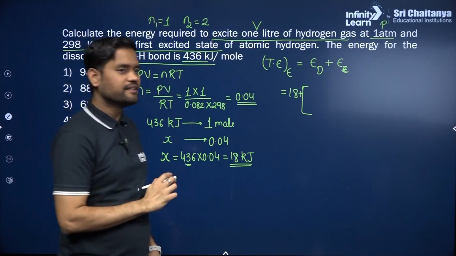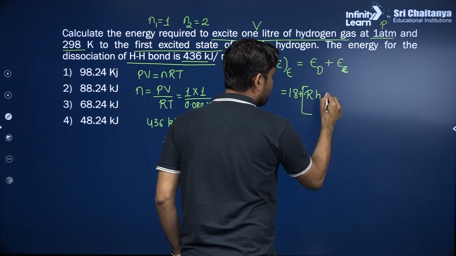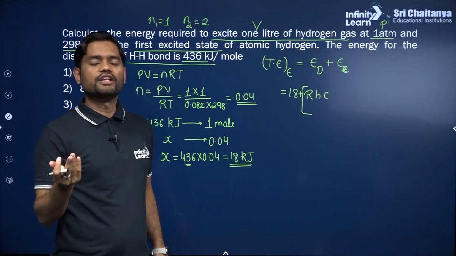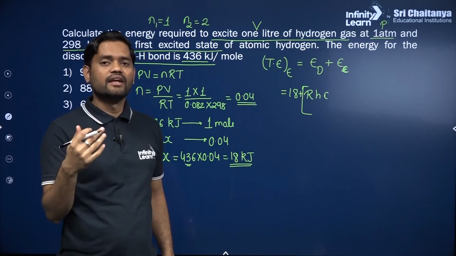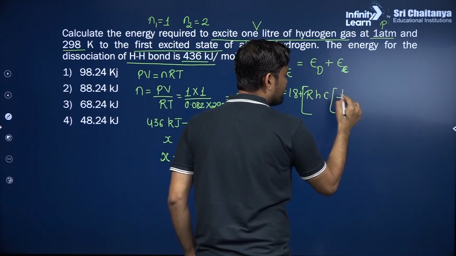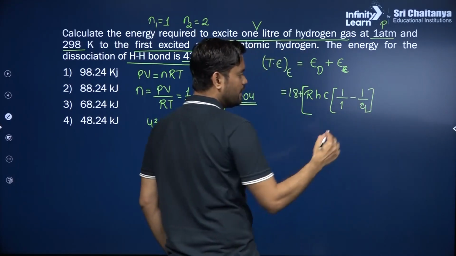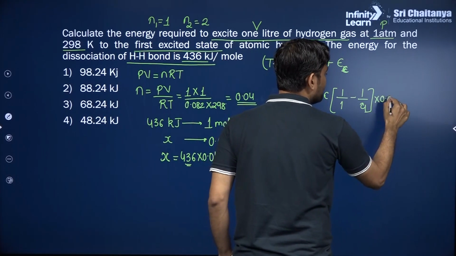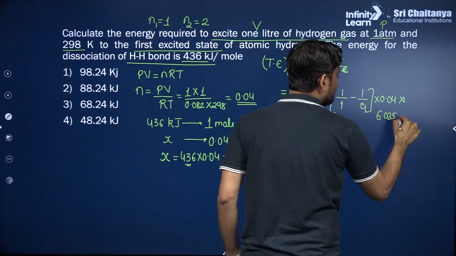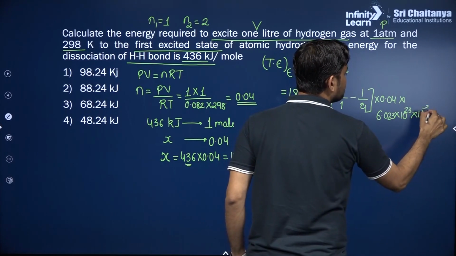Energy for excitation can be calculated as Rydberg constant times Planck's constant, RHC, into Z square. Z square is 1, so I am not writing it over here. 1 upon n1 square, so 1 square is 1, minus 1 upon n2 square, that is 4, into the number of moles that we have got, that is 0.04, into Avogadro's number, that is 6.023 into 10 raised to 23, multiplied by 10 raised to minus 3.